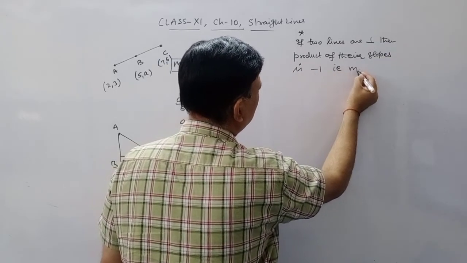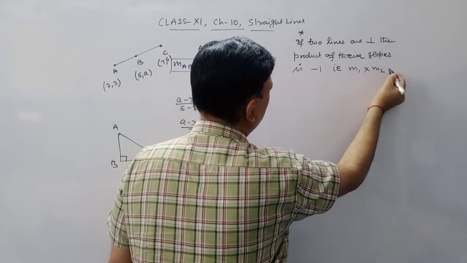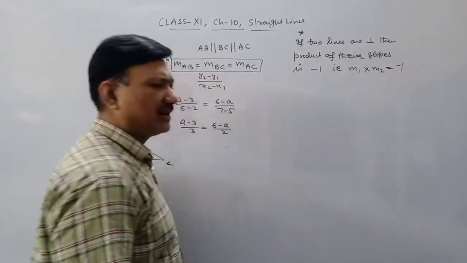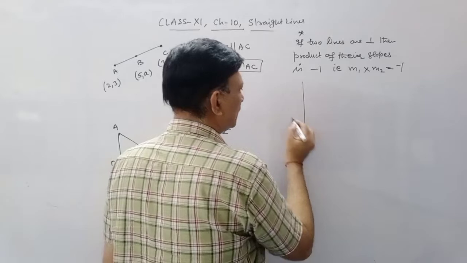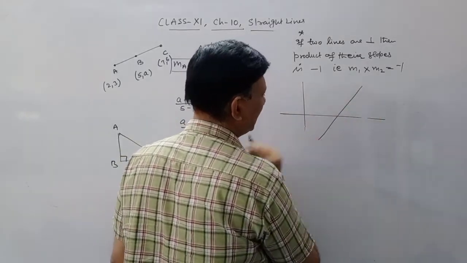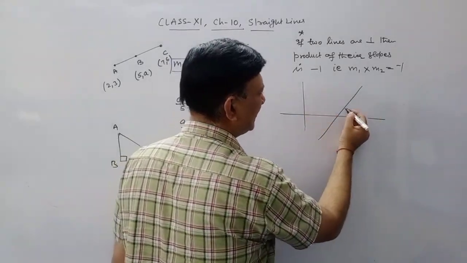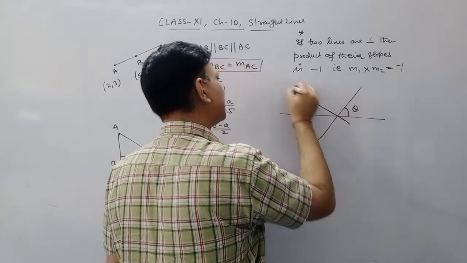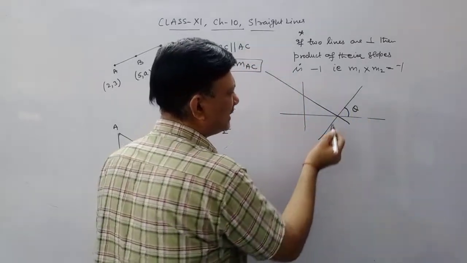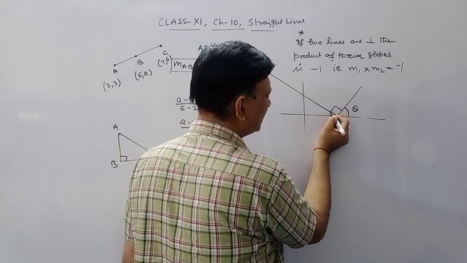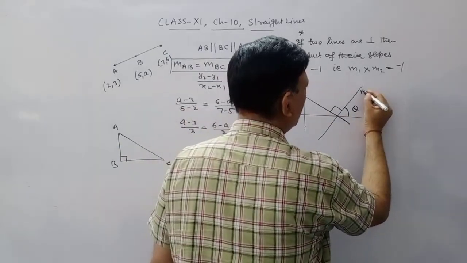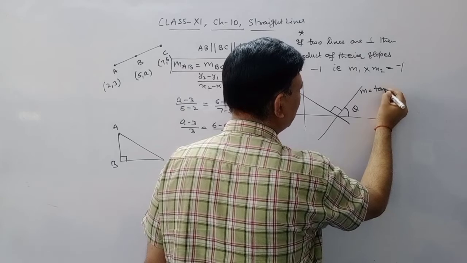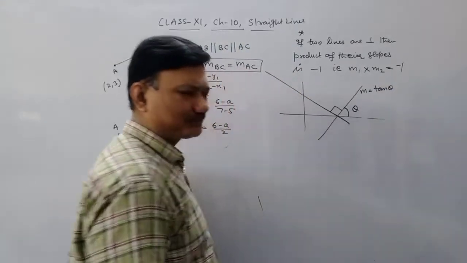That is m1 into m2 is -1. Why? Suppose that this is any line. This is any line makes an angle theta. Suppose that this is another line which is perpendicular to this. What is the slope of this line? Slope of this line is tan of theta.